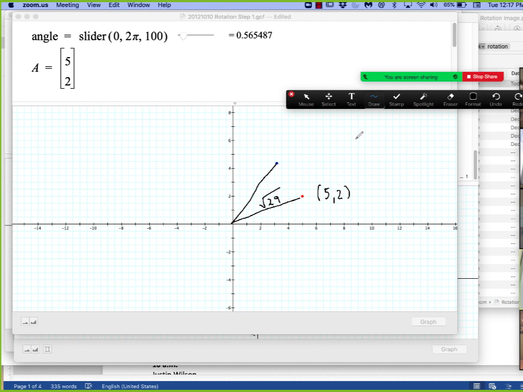Then the radius would be the square root of x squared plus y squared. Oh, okay. When you say x, what are x and y? Where did x and y come from?